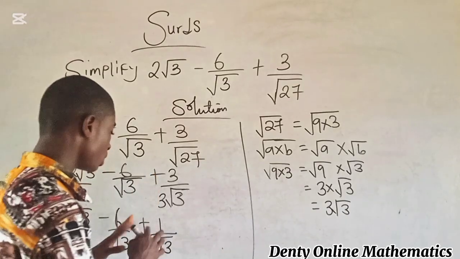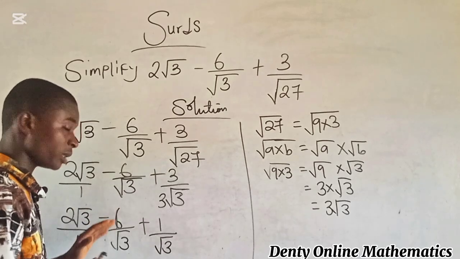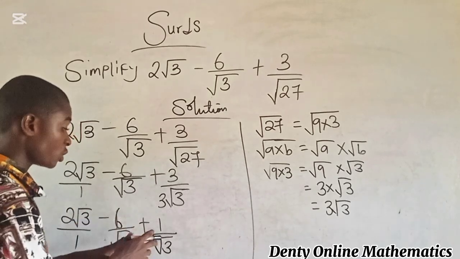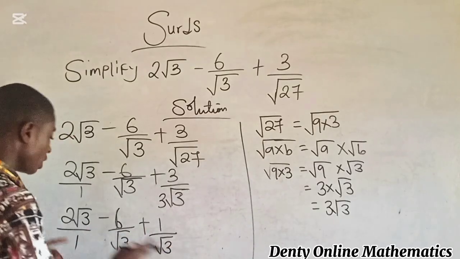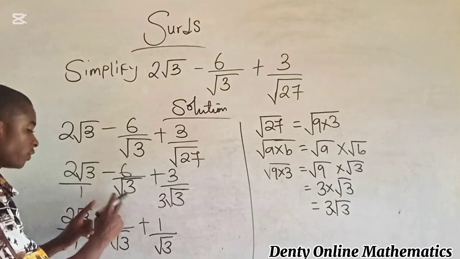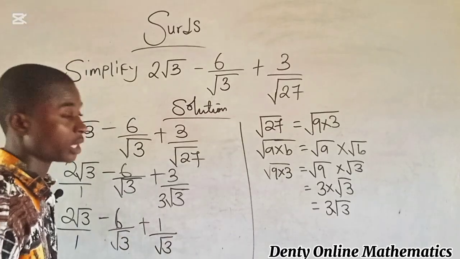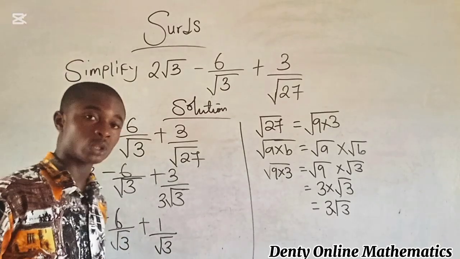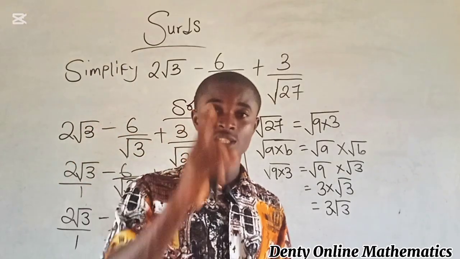Now we are going to use this root 3 to multiply the numerator and the denominators. We are going to use this root 3 to multiply each of these terms so that we can clear out the surd parts at the denominator. All you have to do is stay tuned.